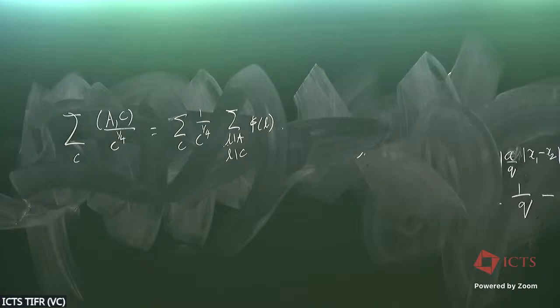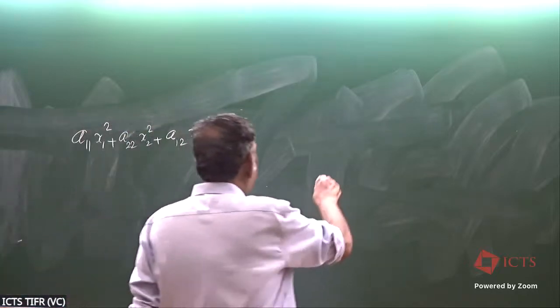Therefore, what is a quadratic form? A quadratic form is something like, let's say, in two variables. And in more variables, it will be homogeneous of degree 2. And when x1 and x2 run over the real numbers or the integers, suppose this form takes only positive values, then this is called a positive definite form.